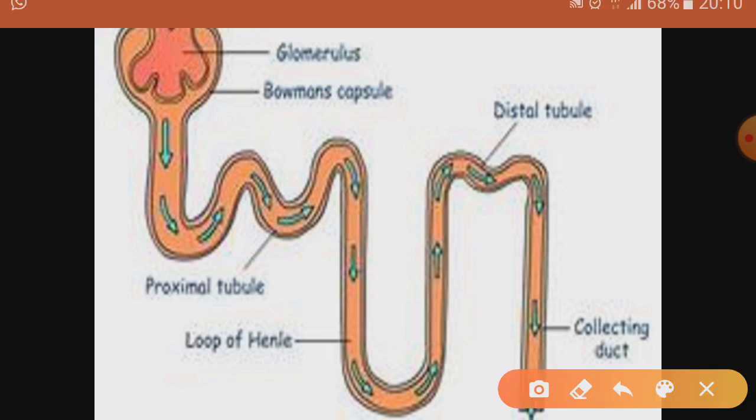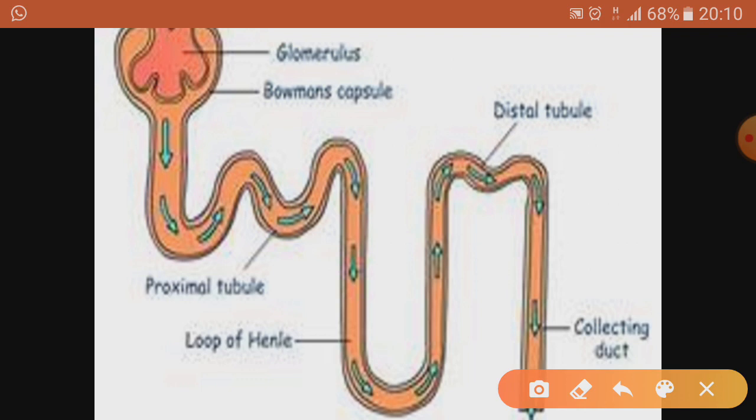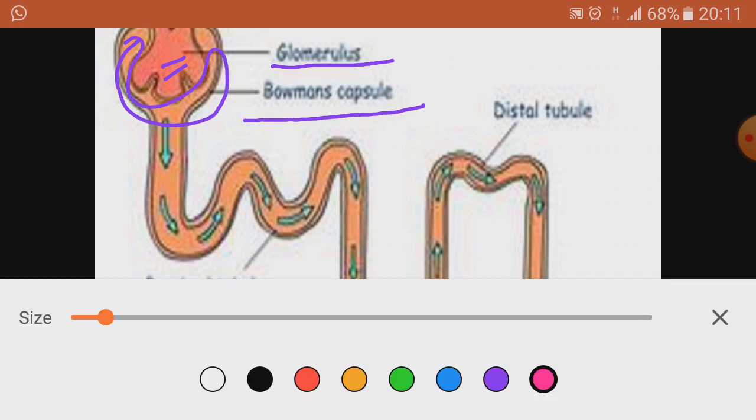Now this is the structure of our nephron. You can see here the nephron has the glomerulus. This is the tuft, or the network of blood capillaries, and it has the Bowman's capsule. This cup-like structure is called the Bowman's capsule, and the blood vessels inside this cup-like structure are known as glomerulus.